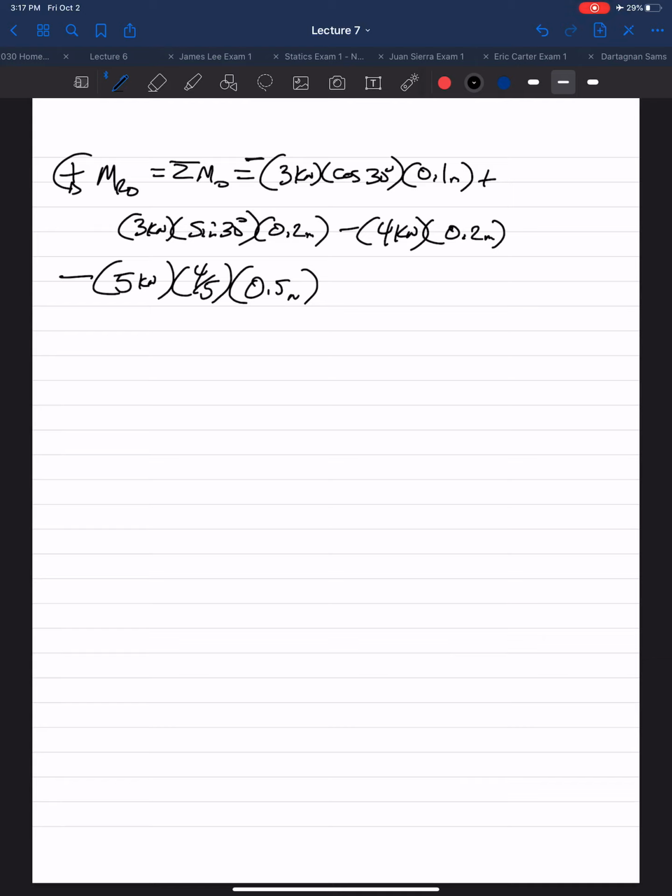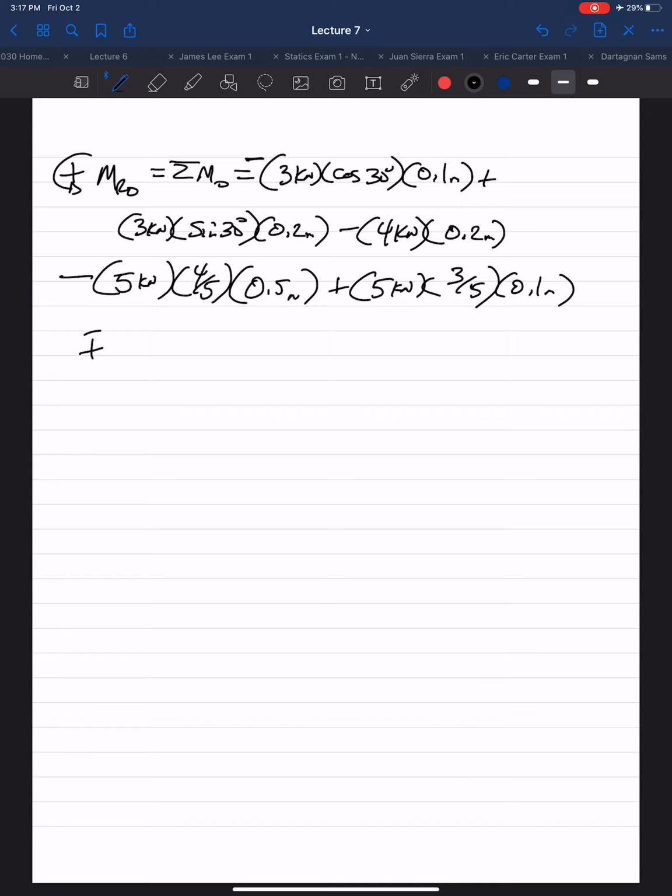The horizontal component causes a counterclockwise positive rotation about point O. And the perpendicular distance, once again, is 0.1 meters.